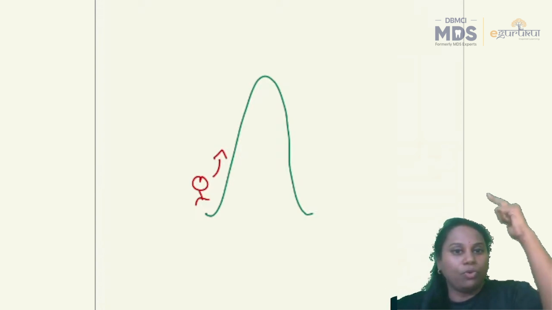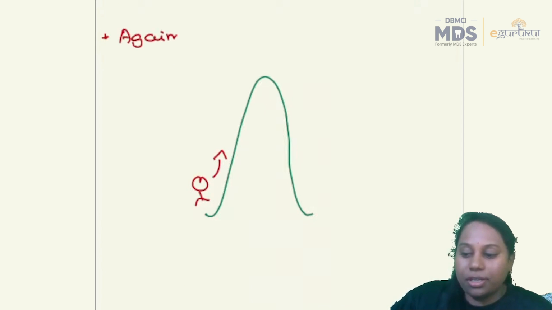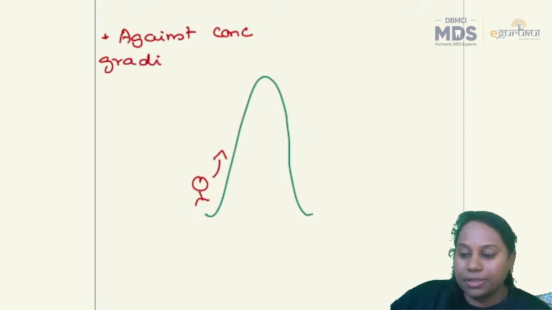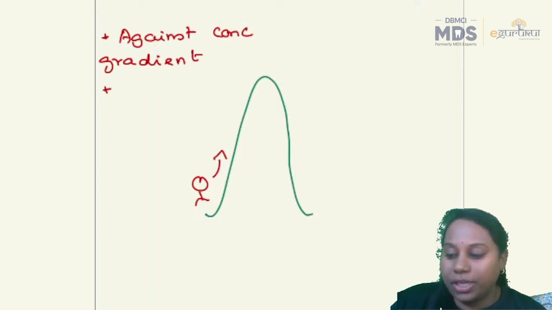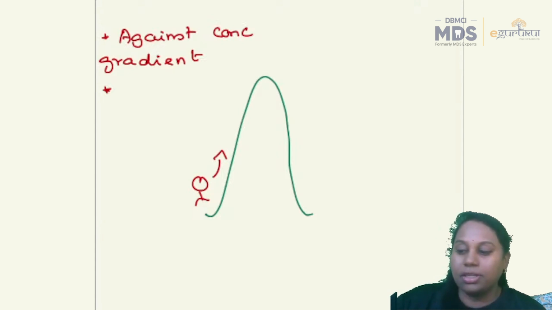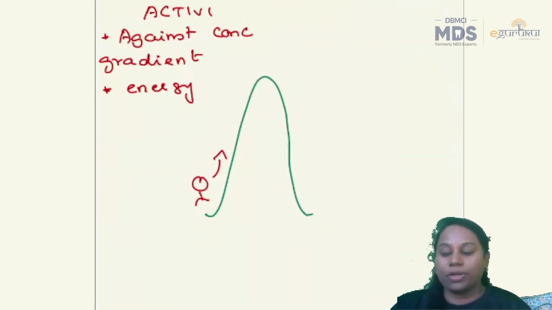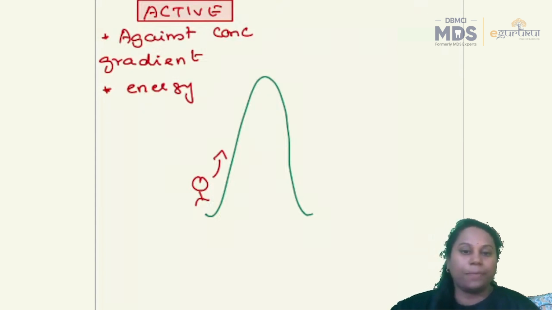So when you go from low to high, you are moving against the concentration gradient. Do you need energy for this? Yes, you have to climb the mountain actively. So this is called active transport: against the concentration gradient, and it requires energy.